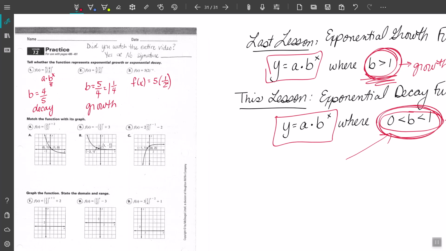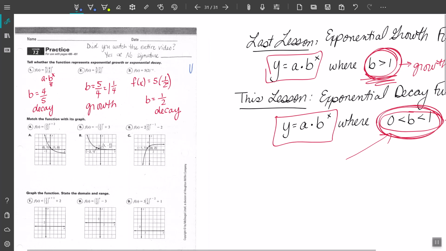Okay, so you would raise that 2 to the x, but then you'd have to put it in the denominator. So really, the b factor here is actually a fraction. So b here is really 1/2, so it's less than 1. And so this is actually showing decay as well.